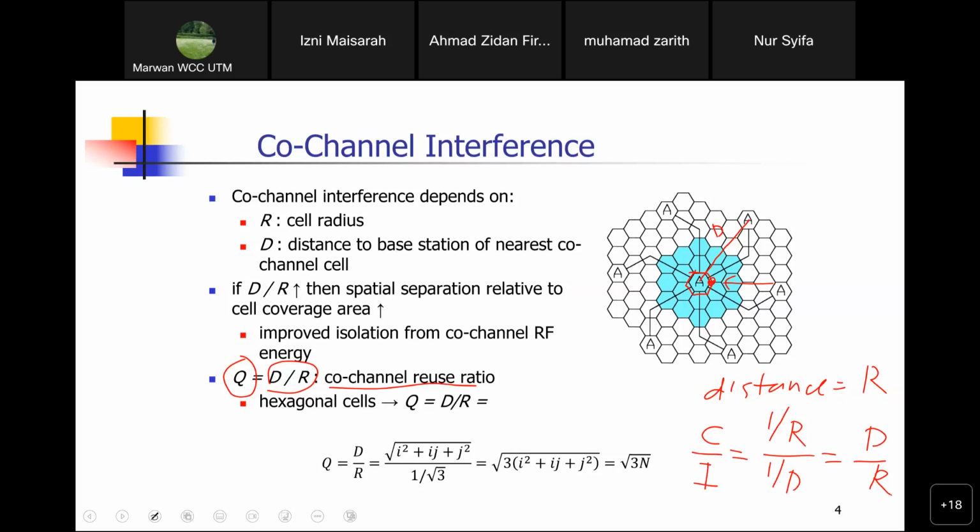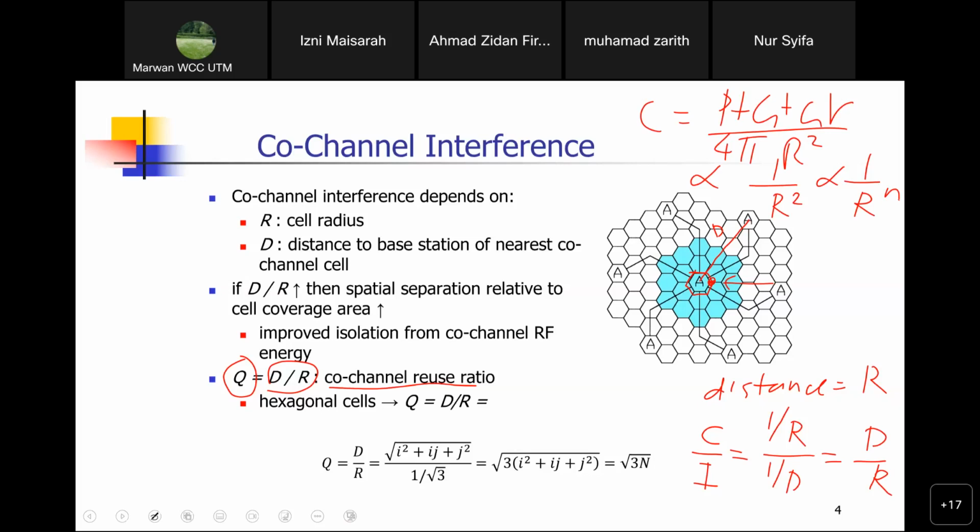The reason is your carrier is your PT, GT, GR, and so on. Let's say we use 4 pi r square. So C is equivalent to 1 divided by r square, or 1 divided by r to the n, your path loss exponent. If it is 2, it is free space loss. If it is 4, it is plain earth. So n can be from 2 to 5, 6, depending on the environment.